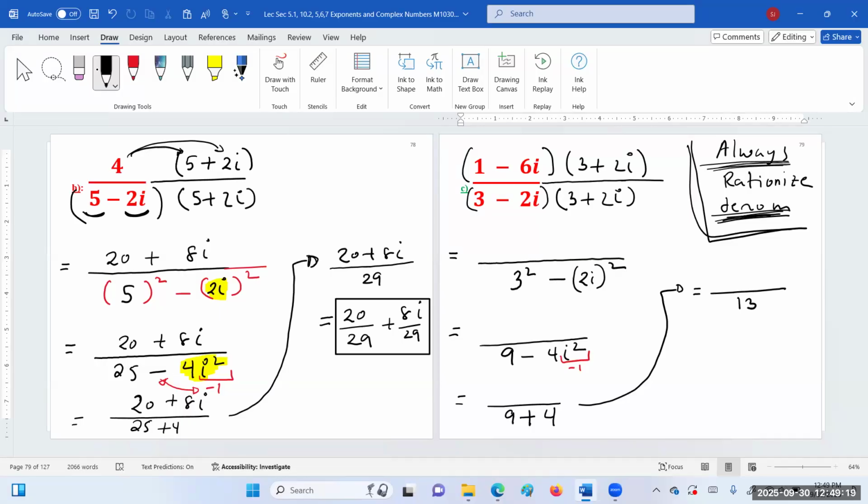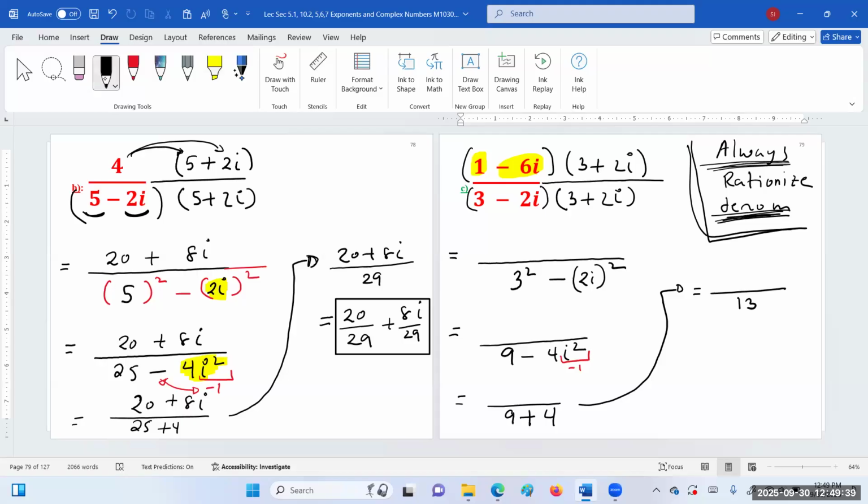Can you guess what you're going to do on the numerator? FOIL. So if you are strong in FOILing, then you can just FOIL directly. But if you're weak in FOILing, no problem. You just take each one of them and FOIL individually.